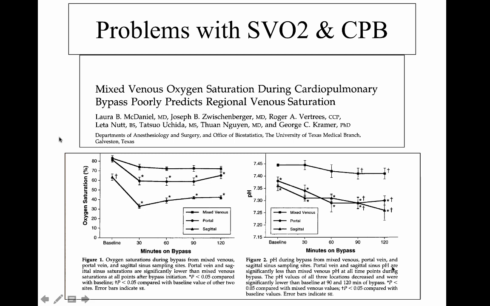I'm not going to go over it now, but these two graphs really spell out one of the primary problems with SVO2 in terms of it not giving the total picture as far as adequacy of perfusion. So study these graphs. We're going to talk about this. I want you to understand where the problem is in SVO2.